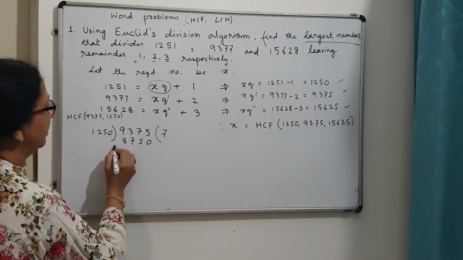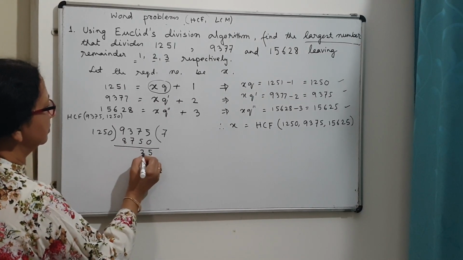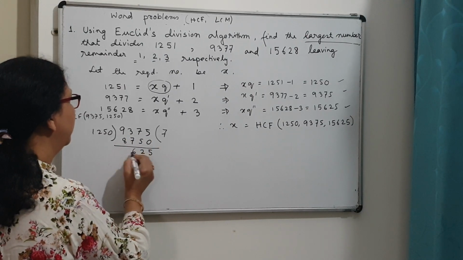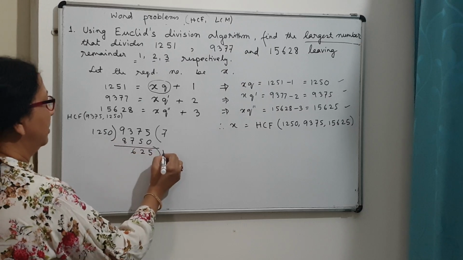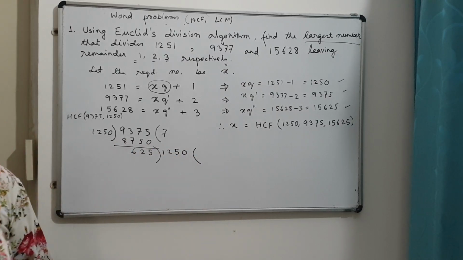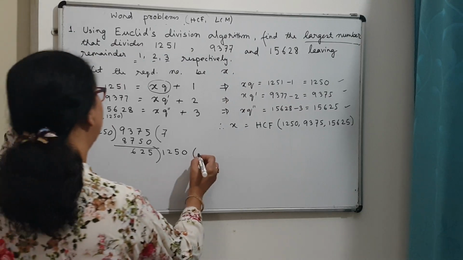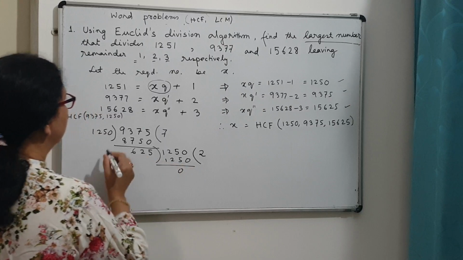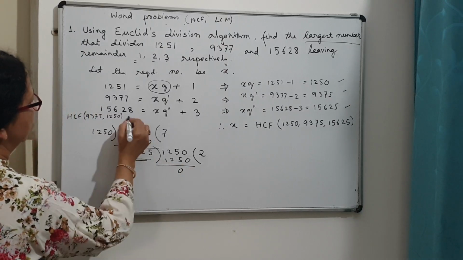You can do it yourself. So how much is the remainder? 625. Yes. So we divide the divisor 1250, and it goes 2 times. So the HCF is this one, 625.